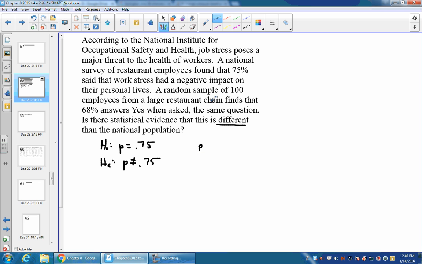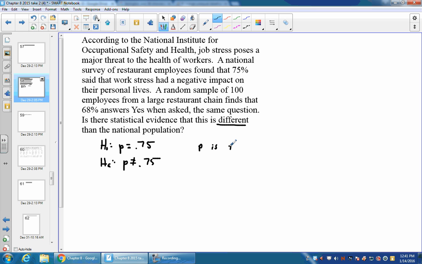Now, p isn't the national, because we know the national is 0.75, so we don't need to test that. P is the proportion of people at that restaurant chain that feel like stress had a negative impact on their life.